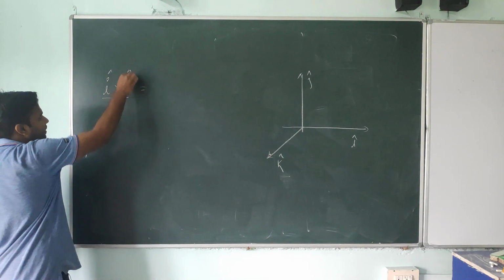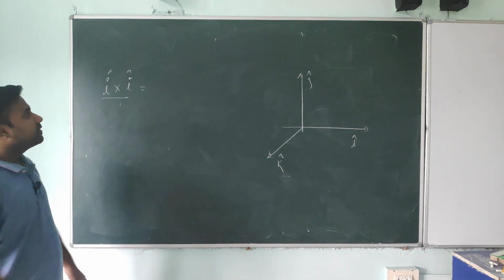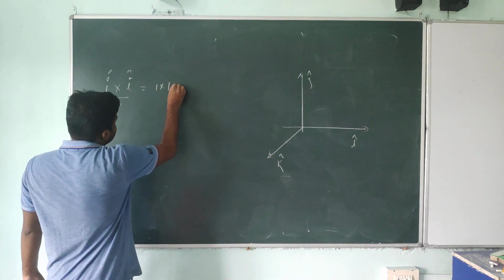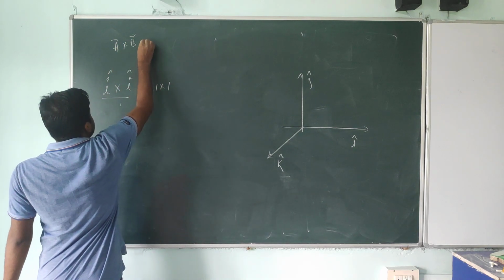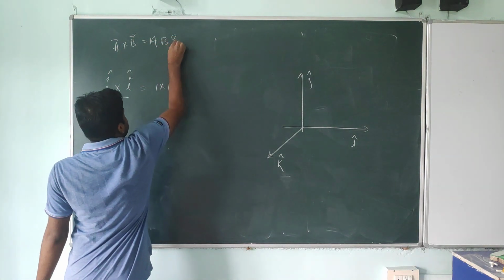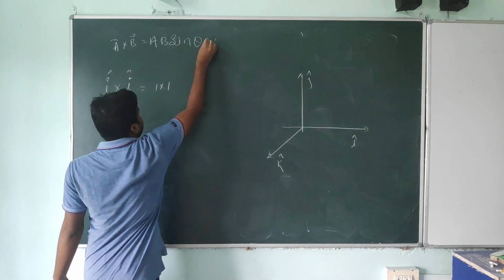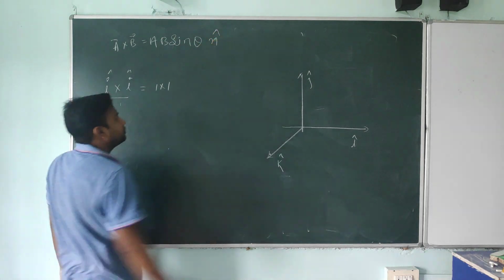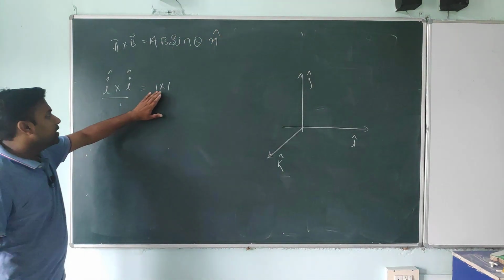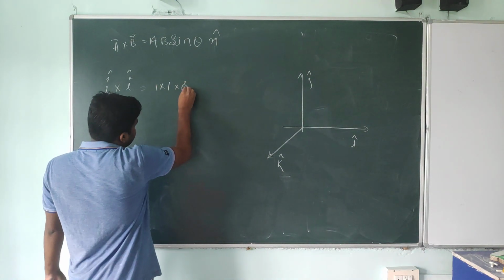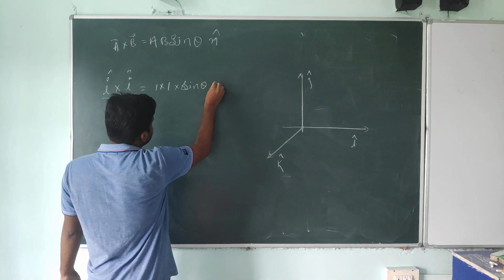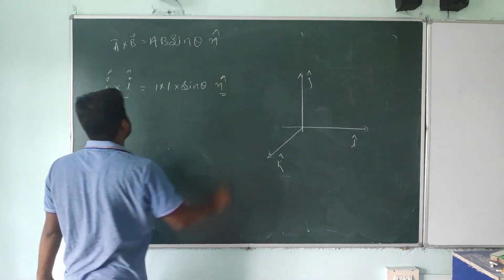I vector cross I vector, 1 cross 1, because we know that A cross B equals AB sin theta n cap. Look at this, 1 cross 1 into sin theta n cap. We'll find the value of n cap using the right hand thumb rule.